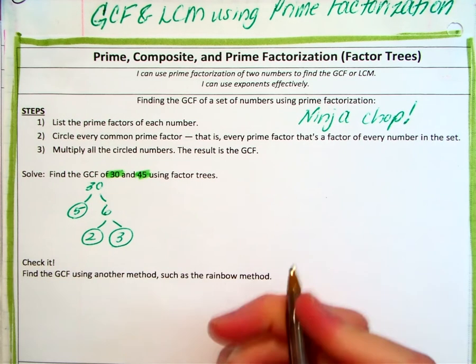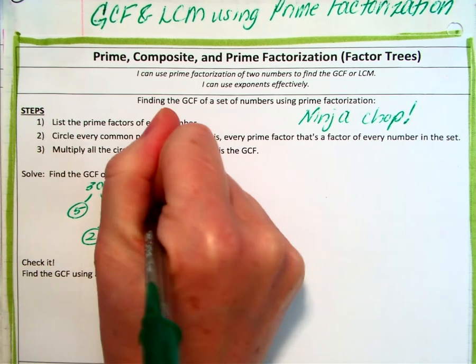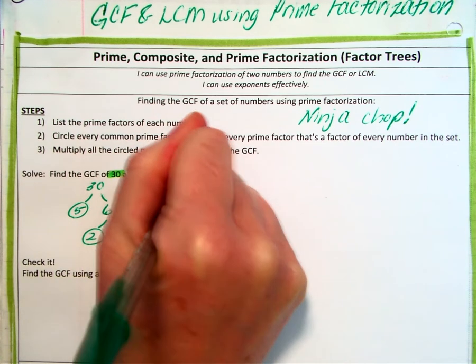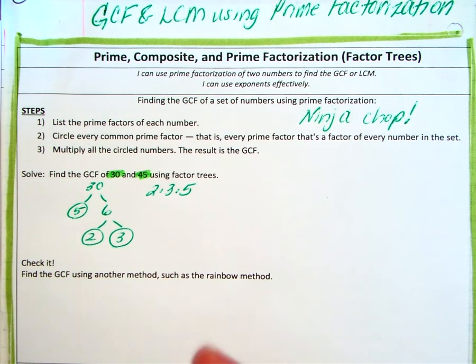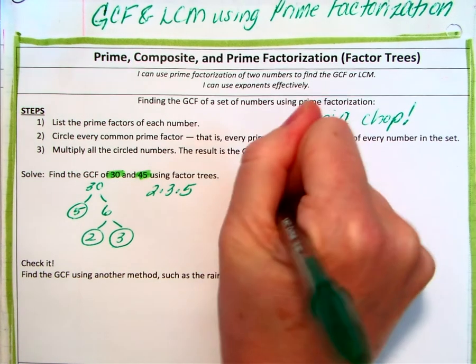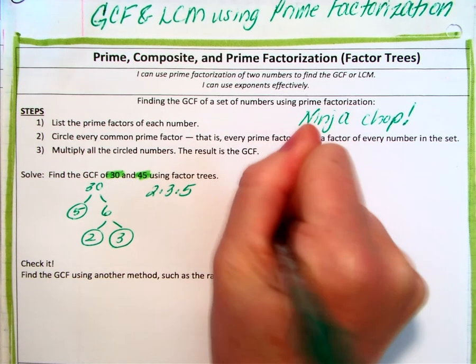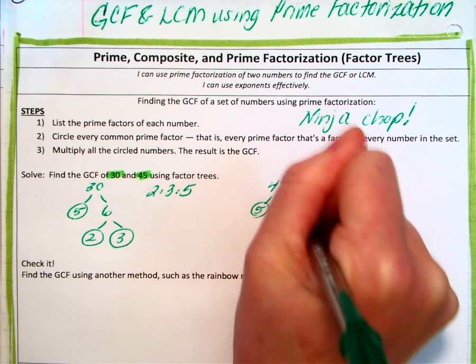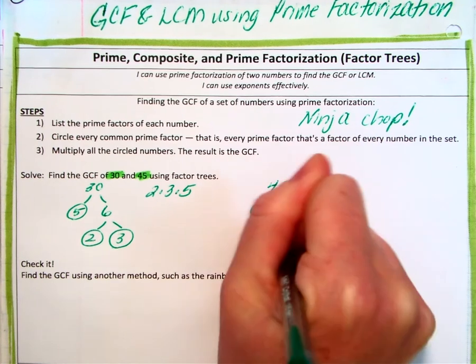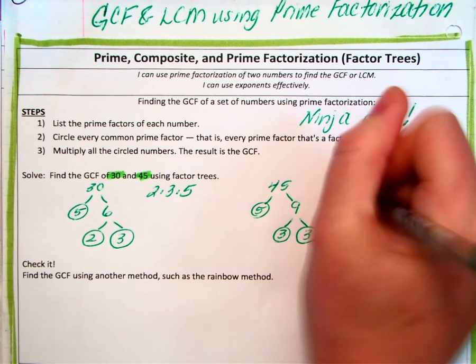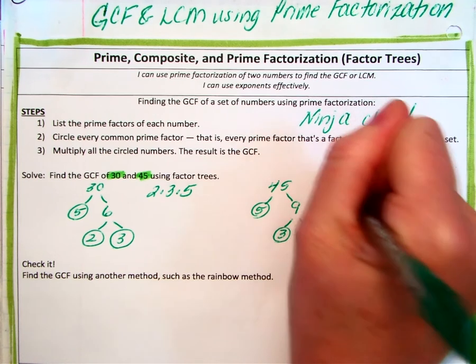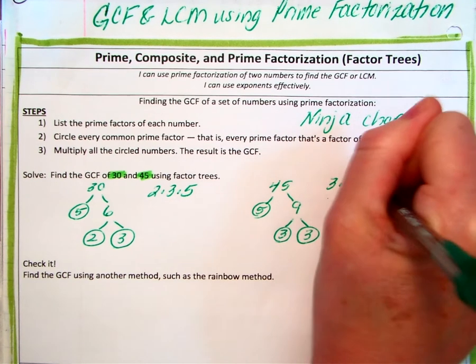So the prime factorization of 30 is 2 times 3 times 5. Now we're going to do 45. Now we might travel down our trees differently, but the prime factorization will be identical. So prime factorization is 3 times 3 times 5.